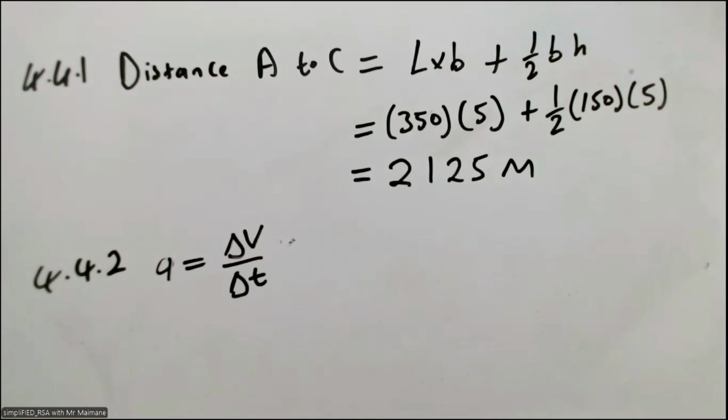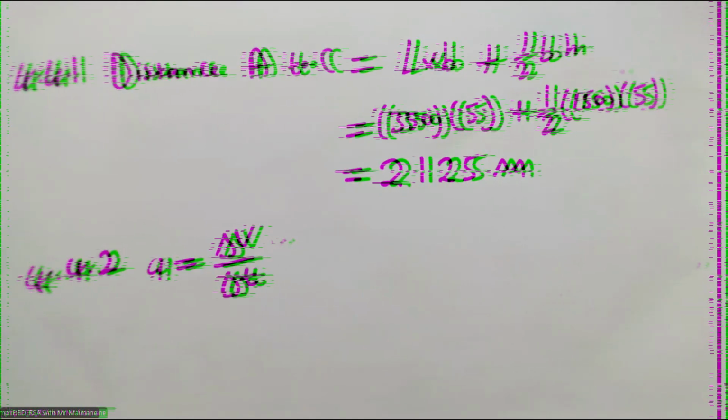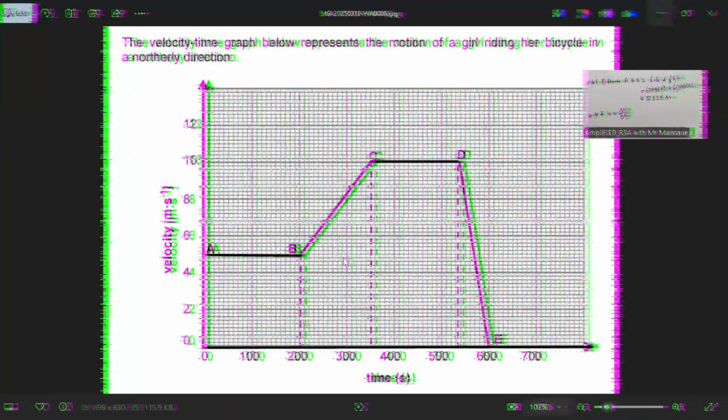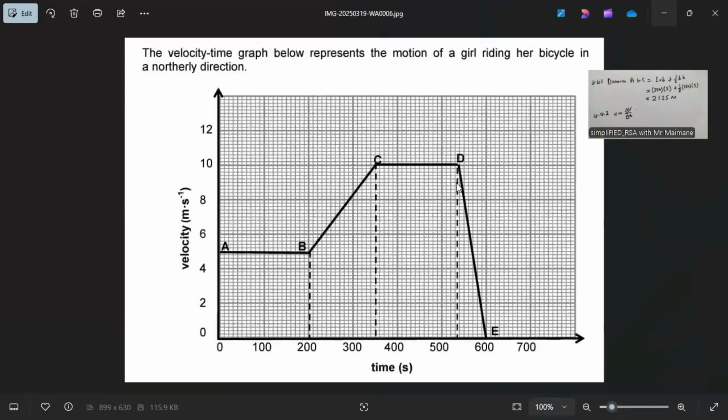And from the graph, one can see that for point D, the velocity is 10 meters per second, and the time is roughly 530, because it's not really between 500 and 600.